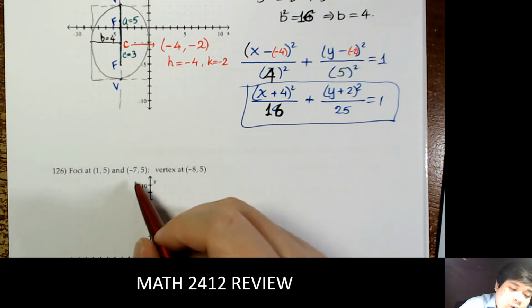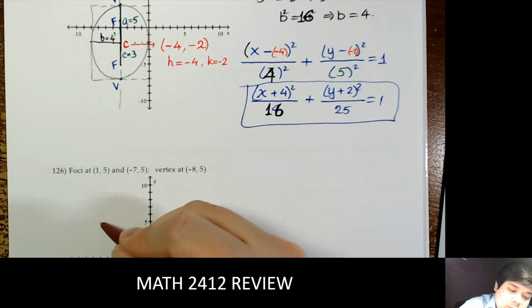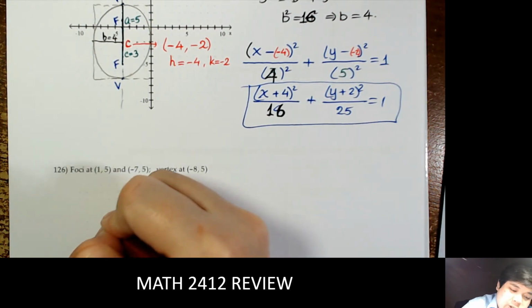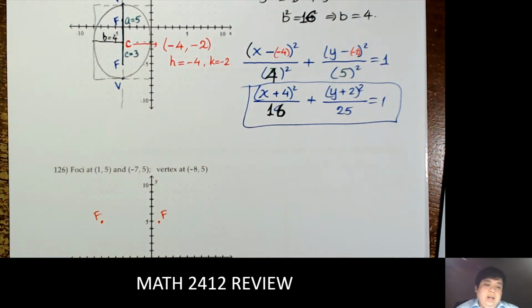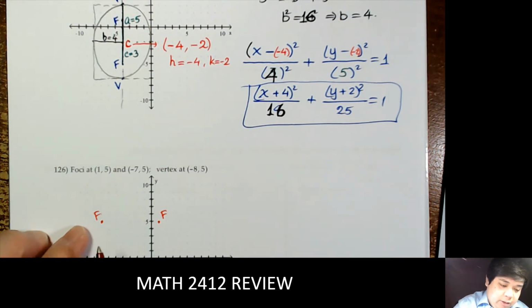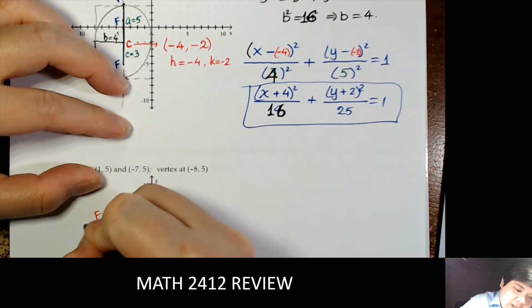Next, another focus, x equal to -7, y equal to 5. So we have 2 foci here and there. And another vertex is at -8 and 5. The vertex will be there.